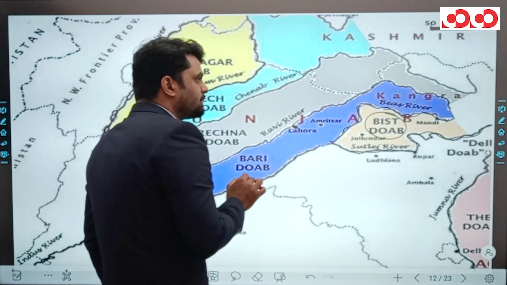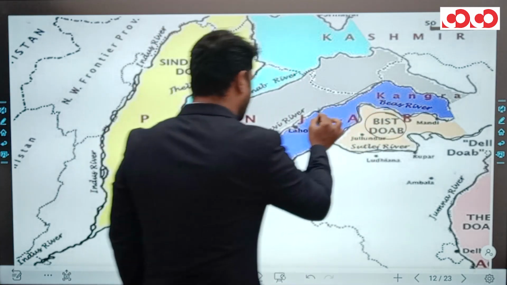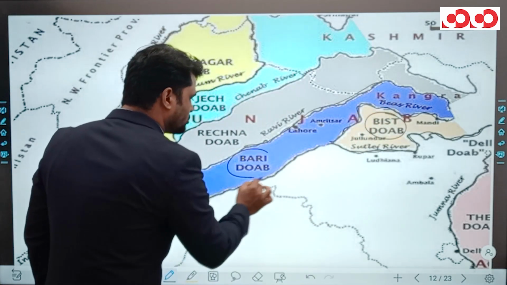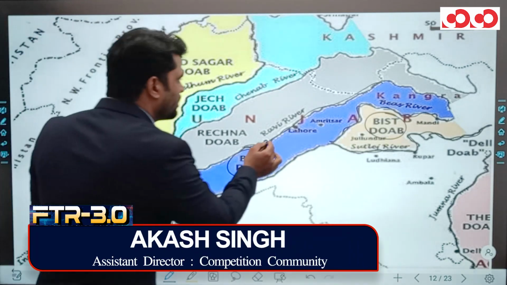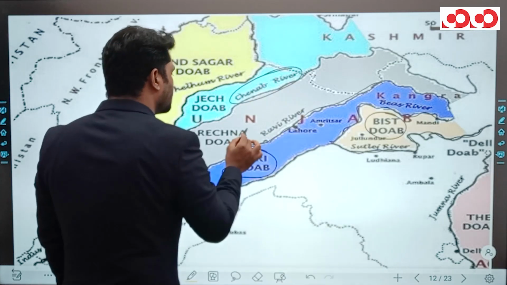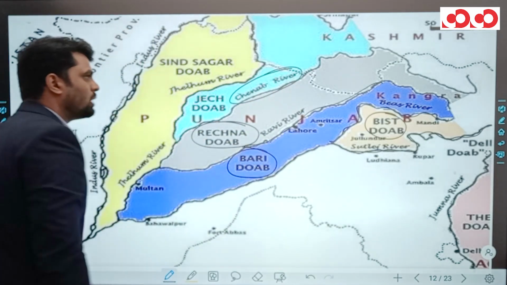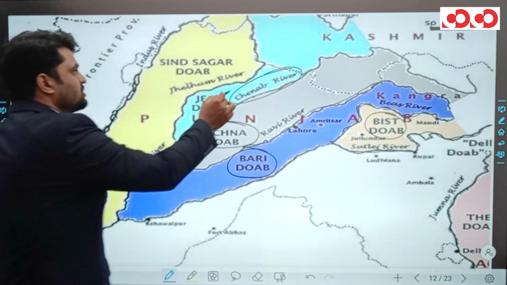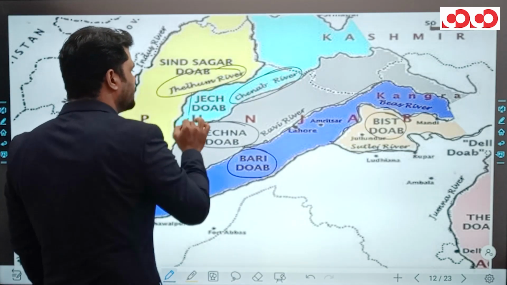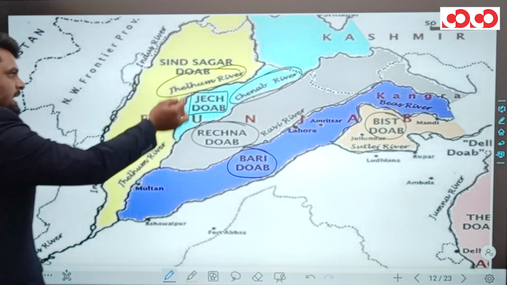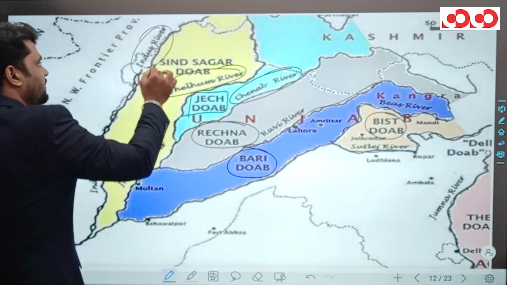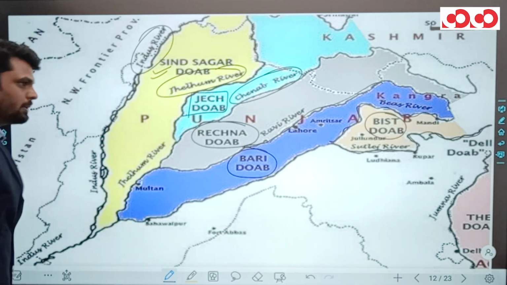The land mass between Beas and Ravi is known as Bari Doab. The landform between Ravi and Chenab is Rachna Doab. The landform between Chenab and Jhelum is Chaj or Jech Doab. And the landform between Jhelum and Indus is known as Sindh Sagar Doab.